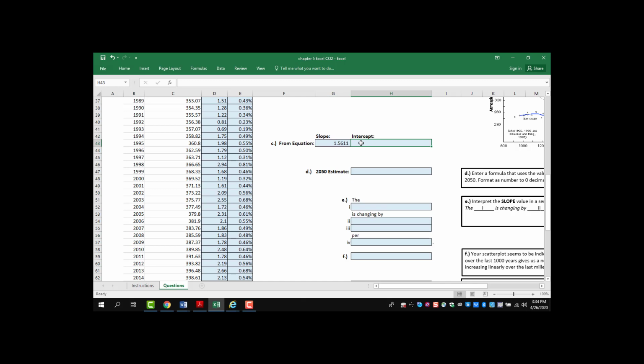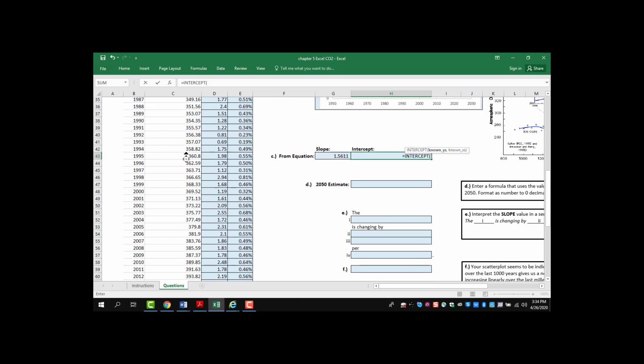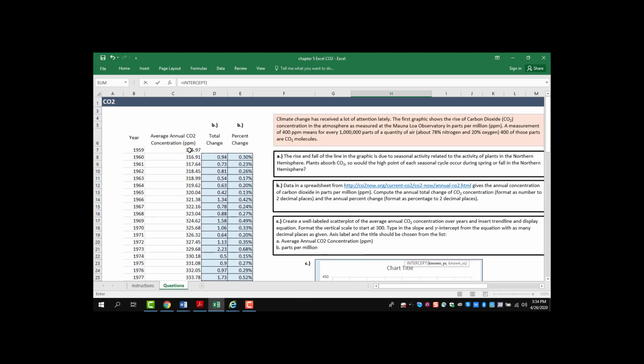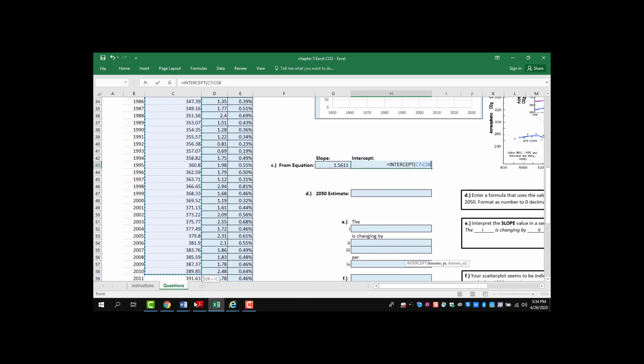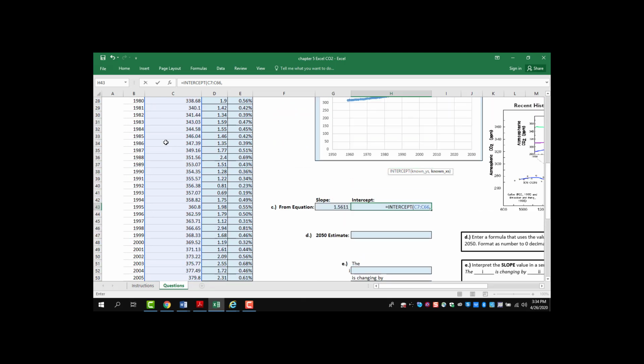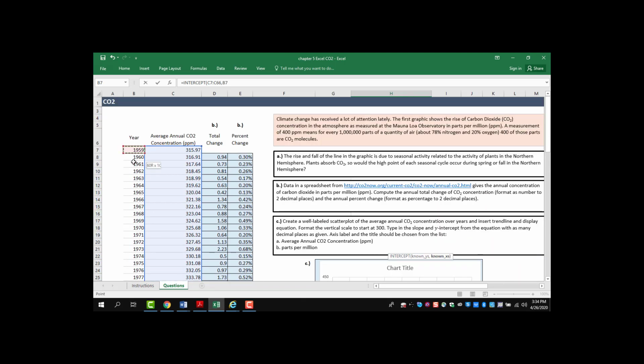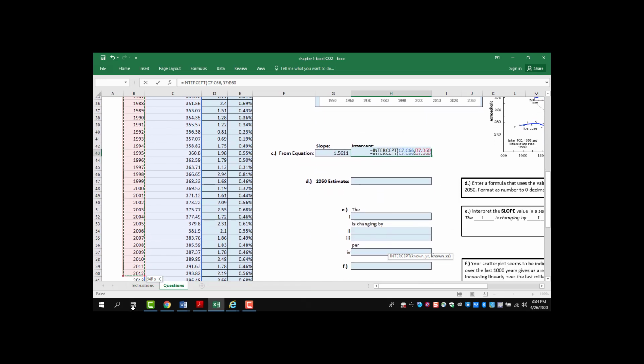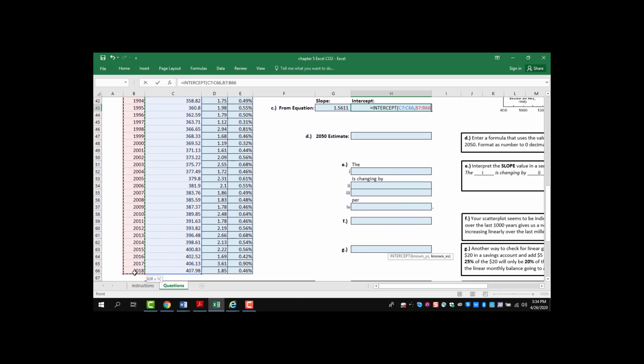The y-intercept equals intercept, and my known y's again, comma, my known x's. Close parentheses, hit enter, and that is my y-intercept. Now, why is my intercept negative?